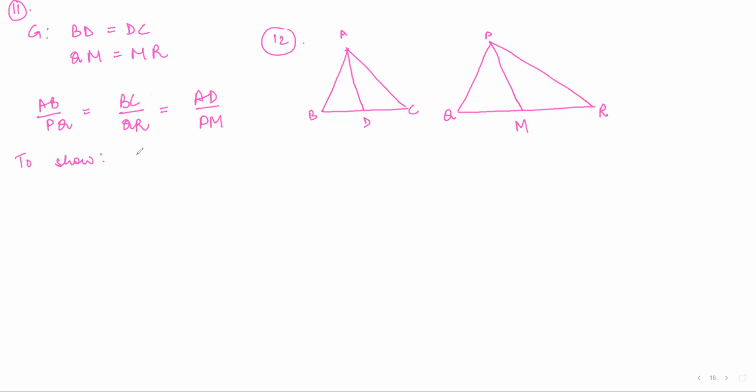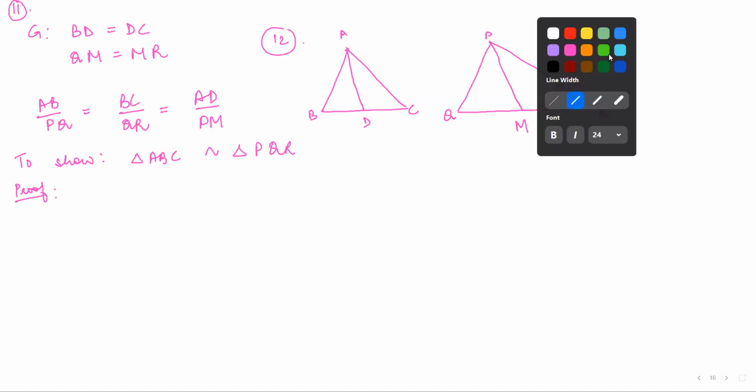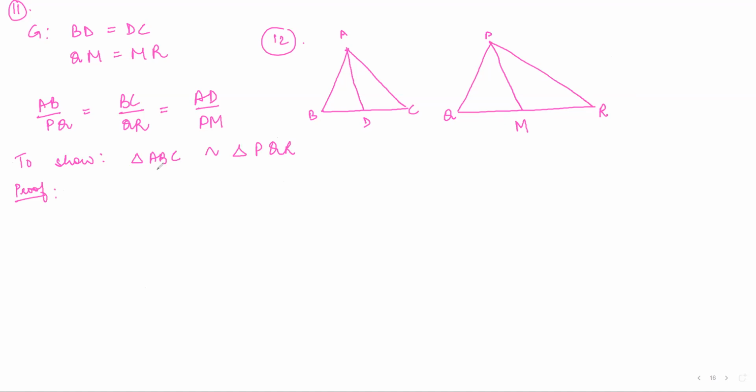Now you have to show that triangle ABC is similar to triangle PQR. Okay, let us do it. So exactly what you want to show, Sarah, is that AB by PQ should be equal to BC by QR, should be equal to AC by PR.